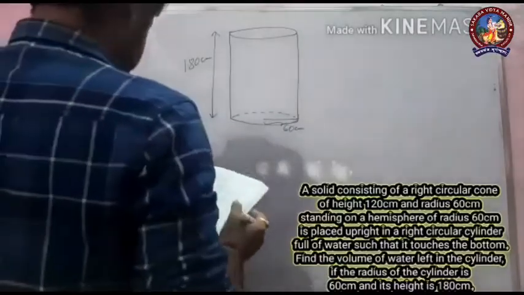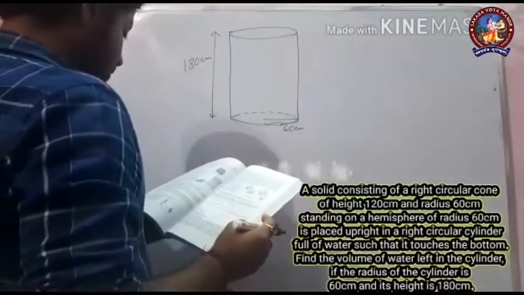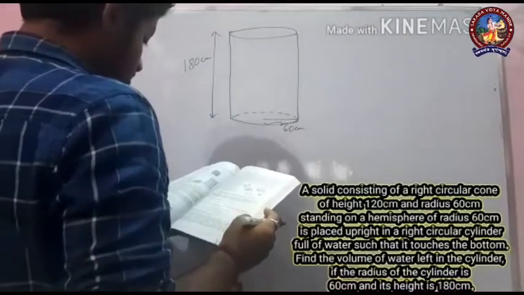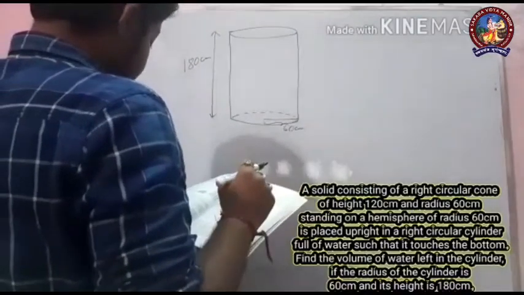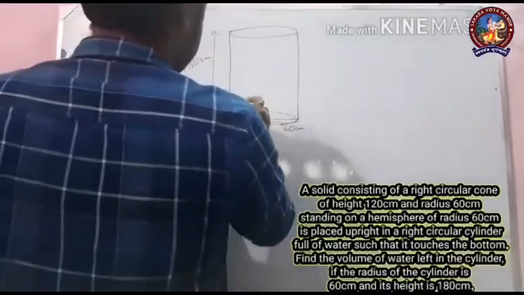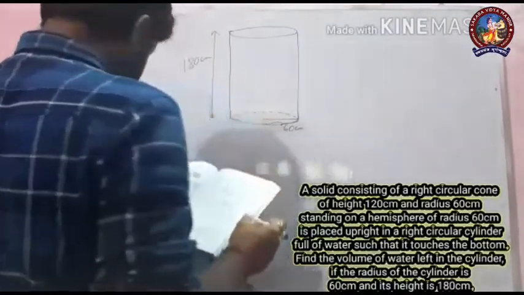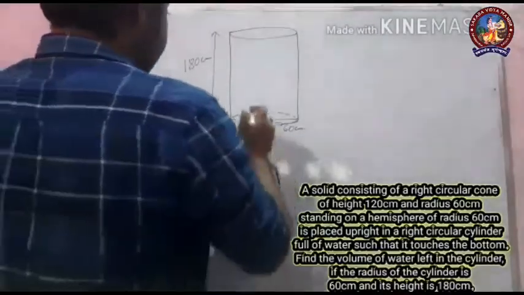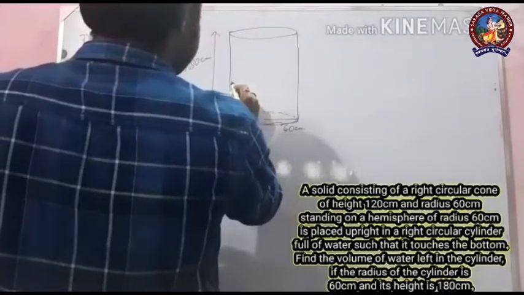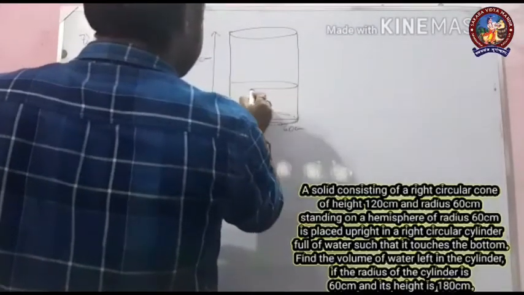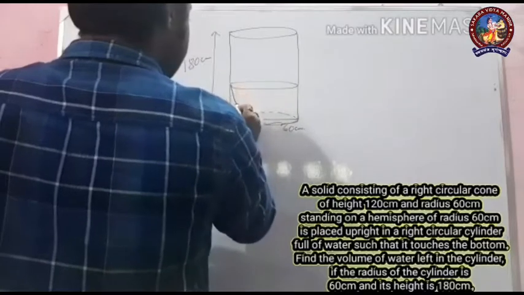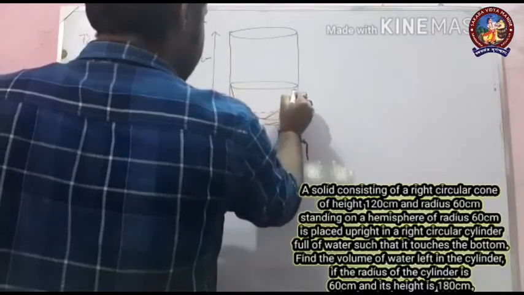Now they have placed a right circular cone which is standing on a hemisphere which touches the bottom, and the hemisphere is upright. That means the hemisphere is like this.